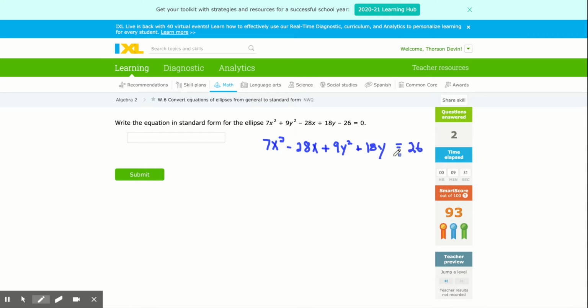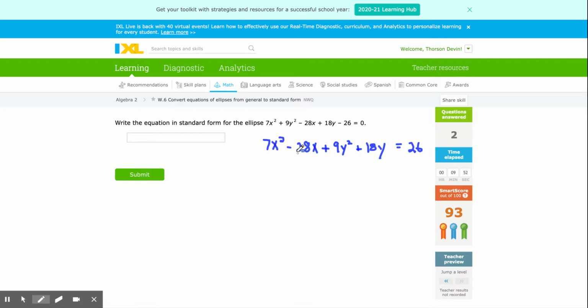The next thing I'm going to do is, in order to complete the square, I cannot have a leading coefficient in front of the squared term. So I need to remove the 7, and I need to remove the 9. Now, you could technically divide everything by 7 and everything by 9, but that's going to make it really messy.